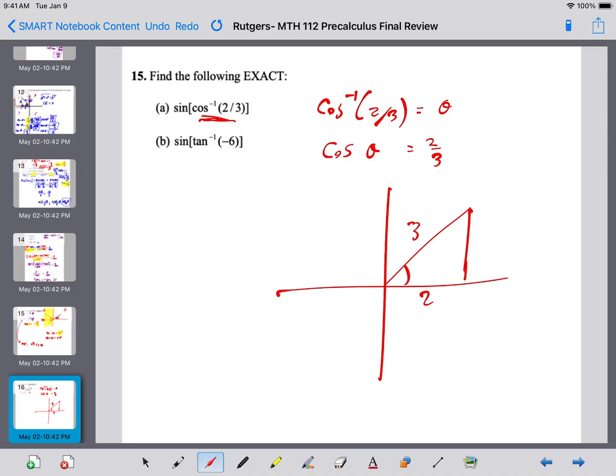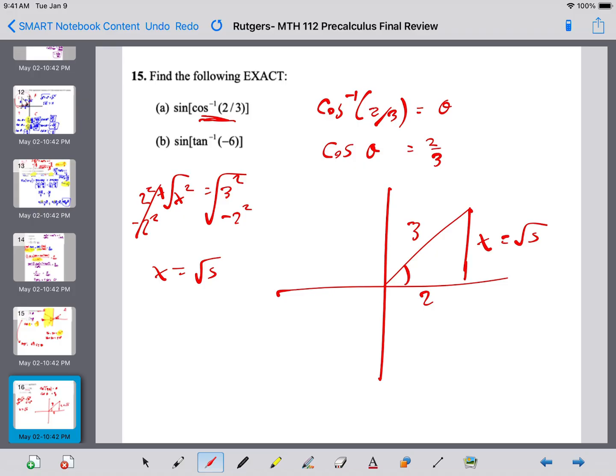Okay. So, you could just solve for the opposite. Yeah. So, we have 2 squared plus x squared equals 3 squared. We're going to subtract 2 squared, take the square root. X equals 9 minus 4 is 5, square root of 5.